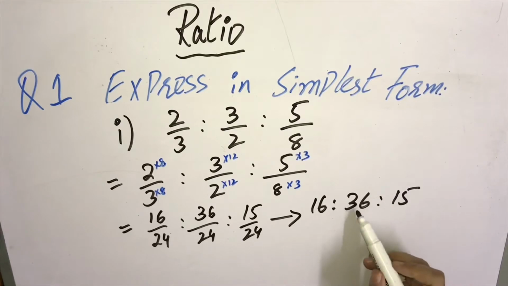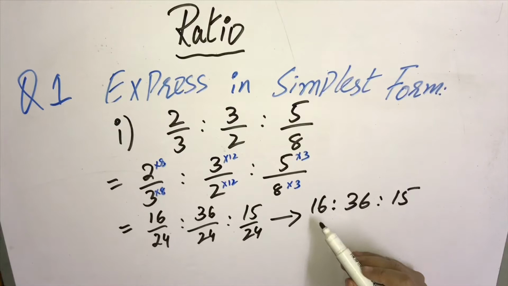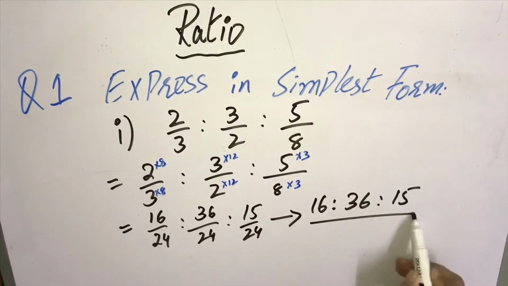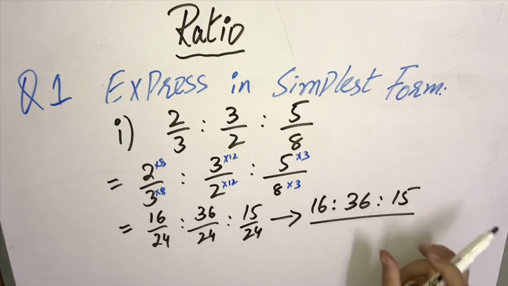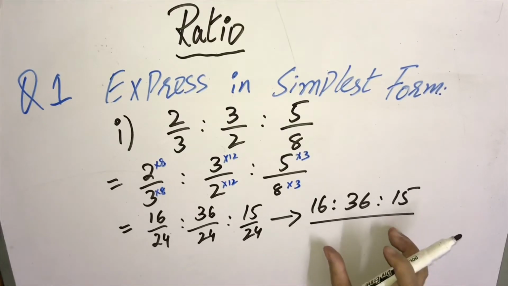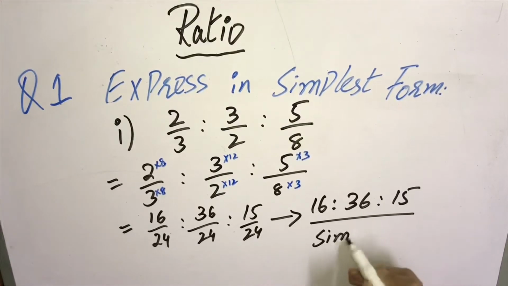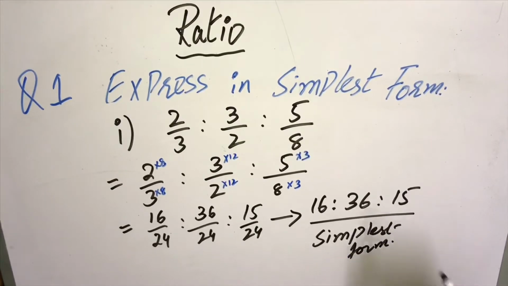If I divide 36 and 15 with 3, I cannot divide 16 with 3. So basically I cannot divide any two of them with a specific number. I have to divide either all three with the same number or leave it as the answer. This is the simplest form which was required for these fractions.